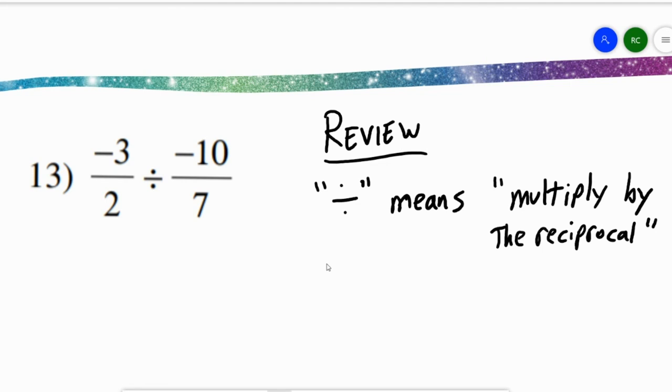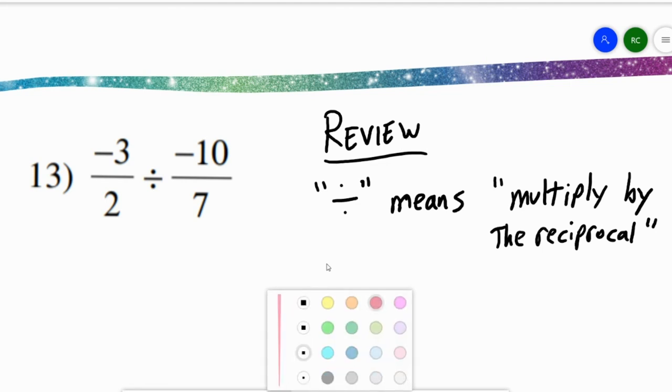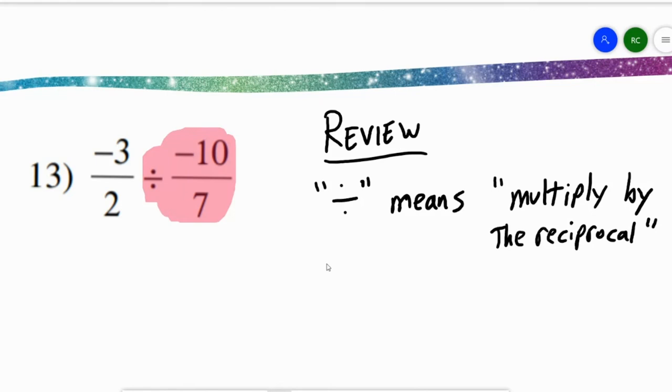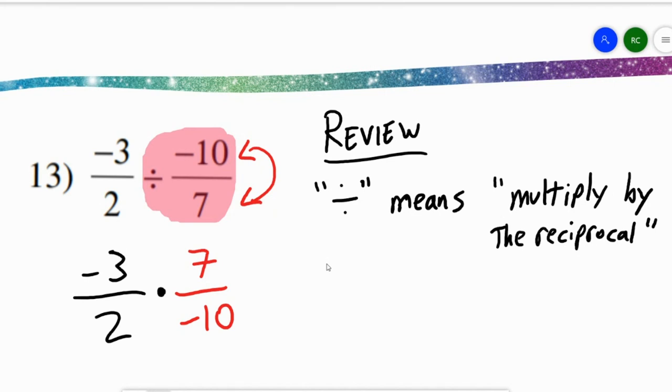So instead of dividing by negative 10 over 7, I'm going to take the same negative 3 over 2, but I'm going to multiply it by the reciprocal of that divisor, 7 over negative 10.